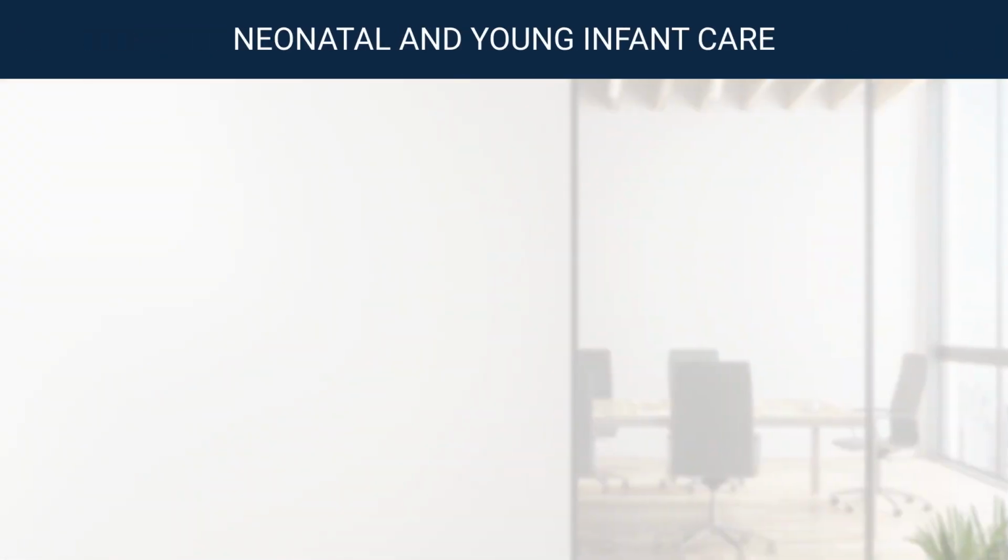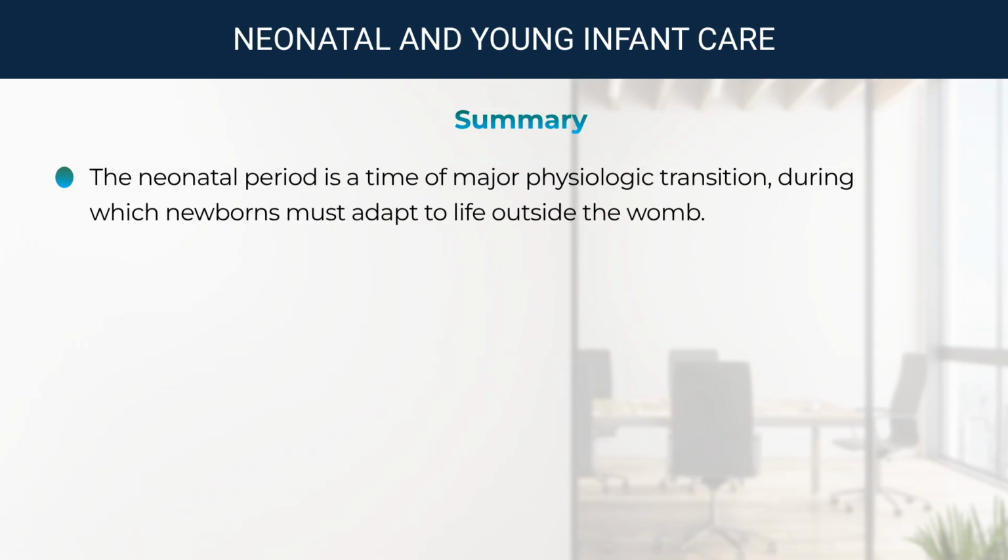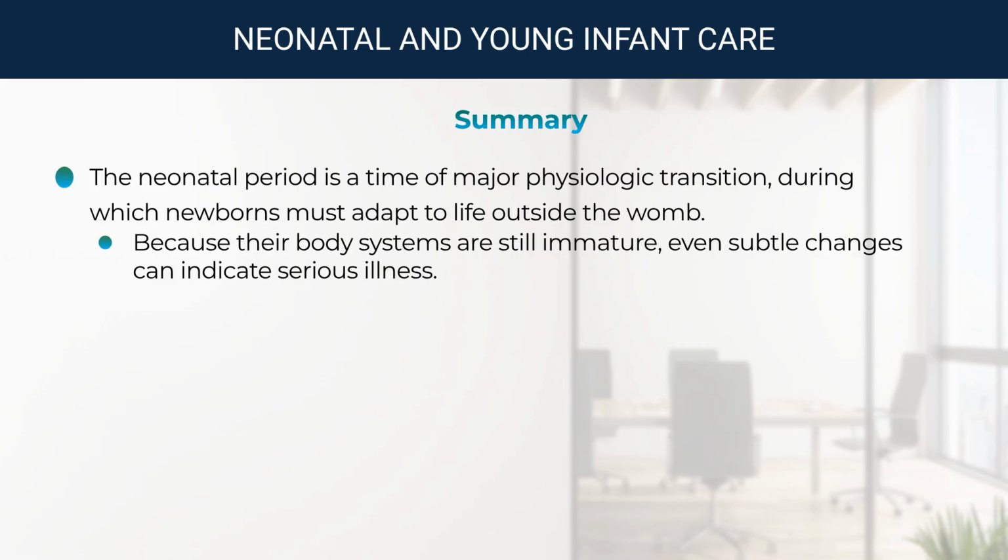Before we end this session, let's quickly recap the key points we've covered today. First, we learned that the neonatal period is a time of major physiologic transition during which newborns must adapt to life outside the womb. Because their body systems are still immature, even subtle changes can indicate serious illness.